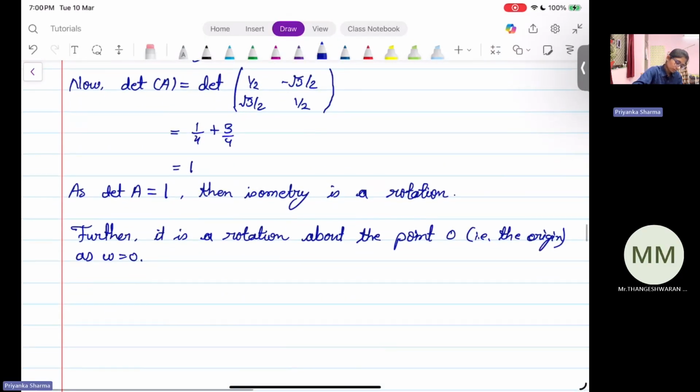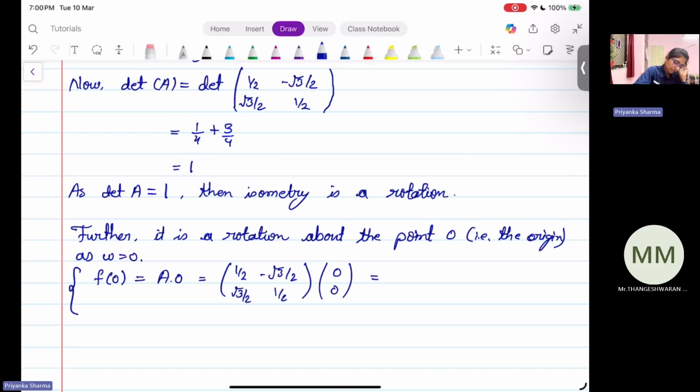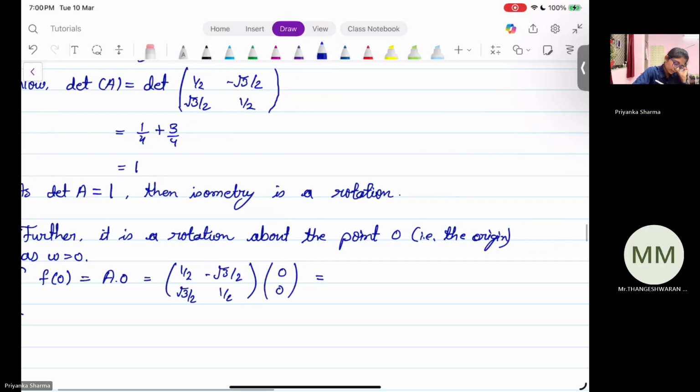But you can also do this. What will be f(0)? f(0) will be A·0, which is [1/2, -√3/2; √3/2, 1/2] times (0, 0), and this will be (0, 0) actually.